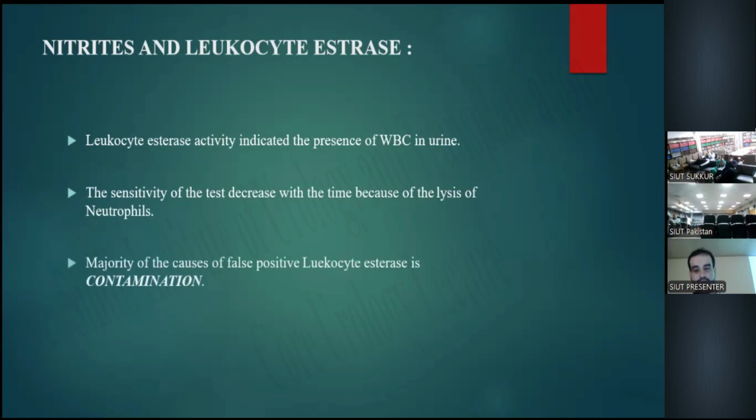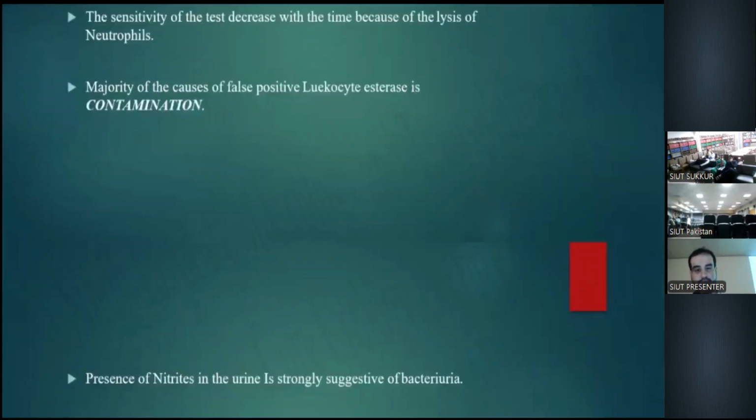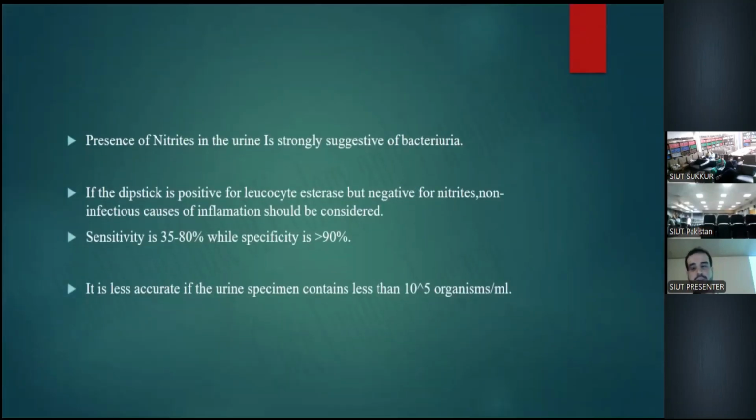The majority of false positive leukocytes are due to contamination. The presence of nitrites in the urine is strongly suggestive of bacteriuria. So nitrites are of bacterial origin, and the previous one is of cell origin.